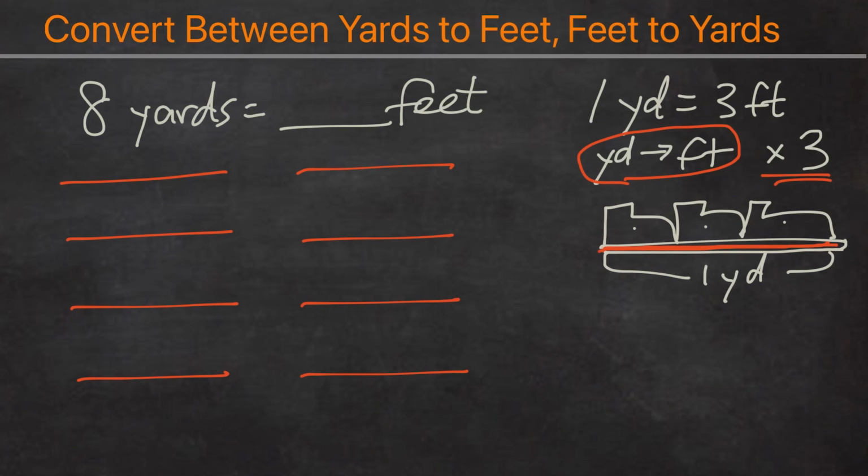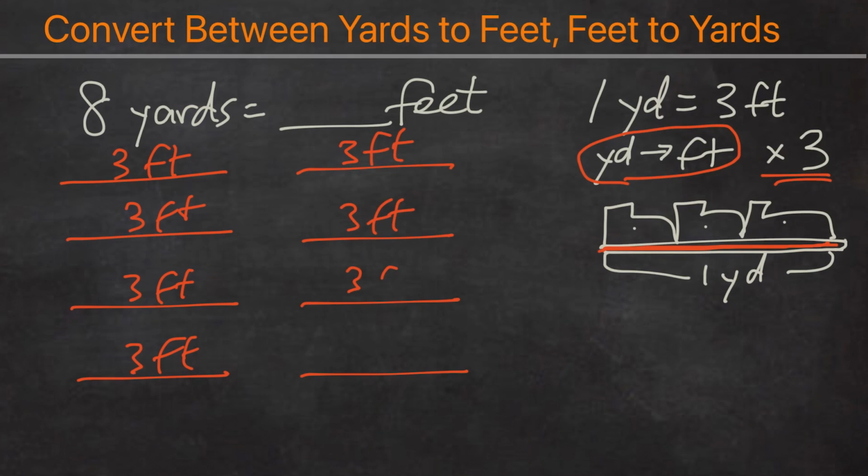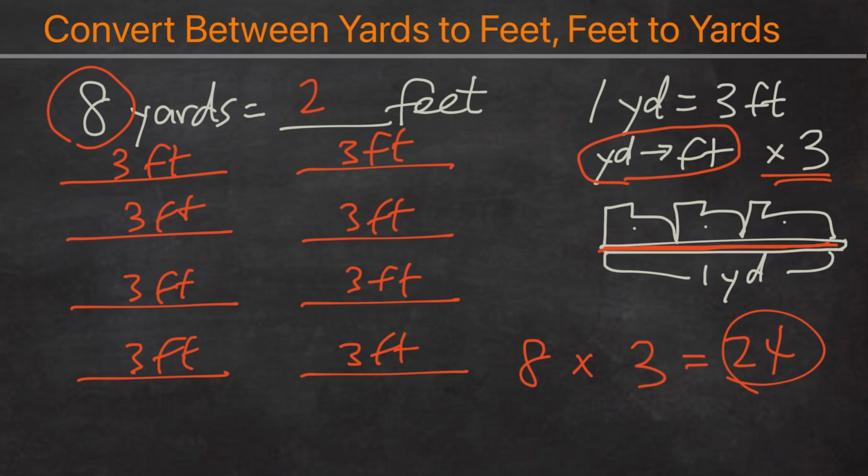So there's 3 feet on each of them. I'm not going to draw it out because that would take too long. So I'm just going to write a 3 on top. So you know there's like 3 feet for each of these. Okay, and so then you would just take the 8, multiply by the groups of 3s, and you would come out with 24. And that's 24 feet.